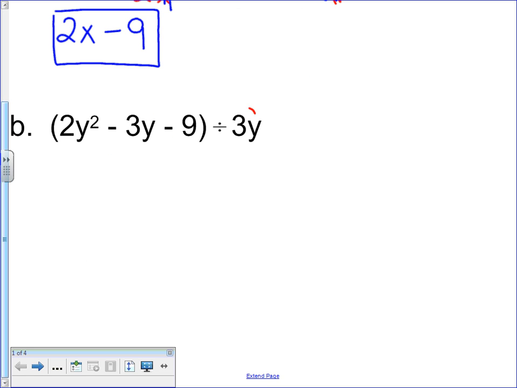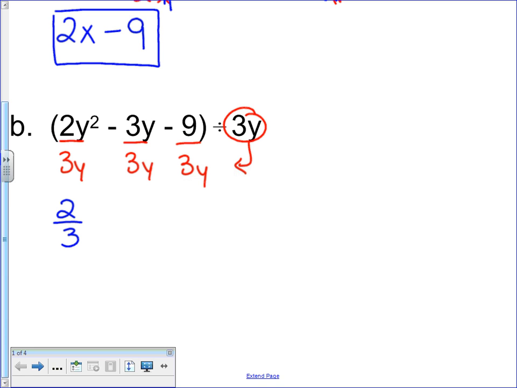Again, I'm going to divide everything by 3y. So underneath each part of the polynomial, I'm going to write 3y. Now in the beginning, 2 does not divide 3, so we're going to leave that as a fraction, 2 over 3.